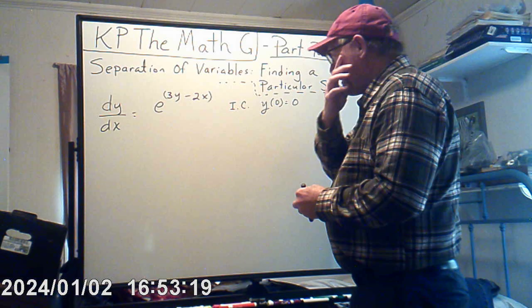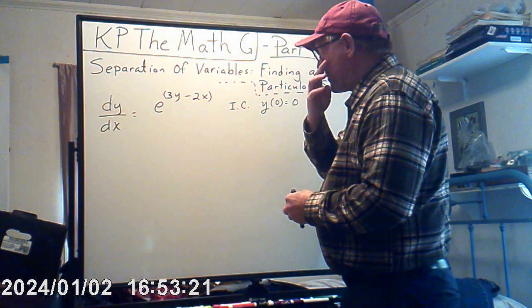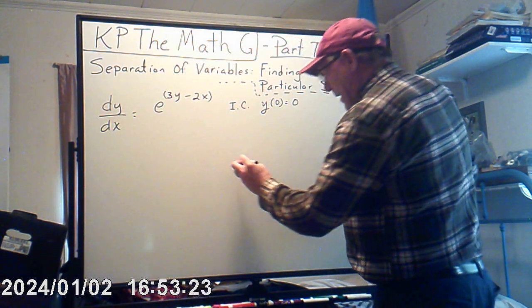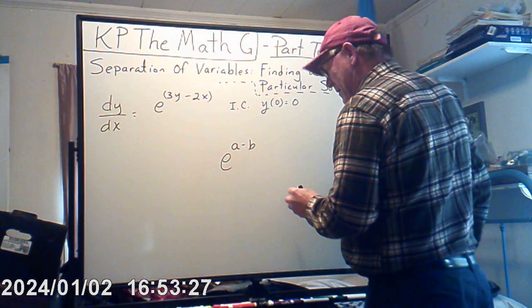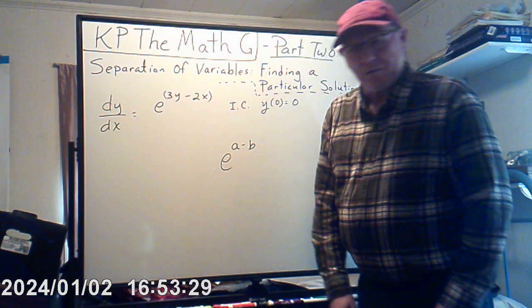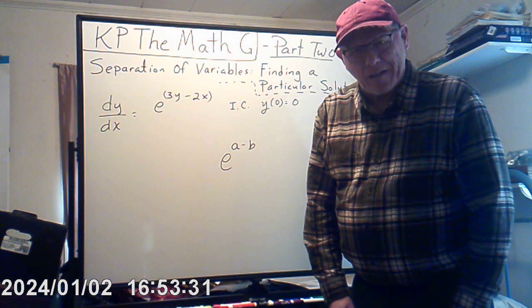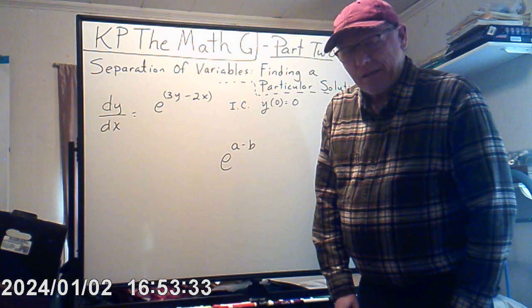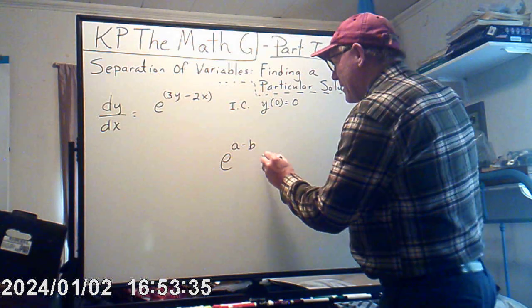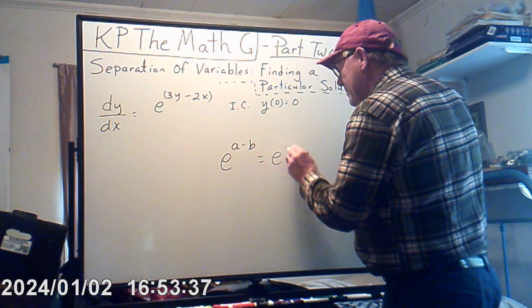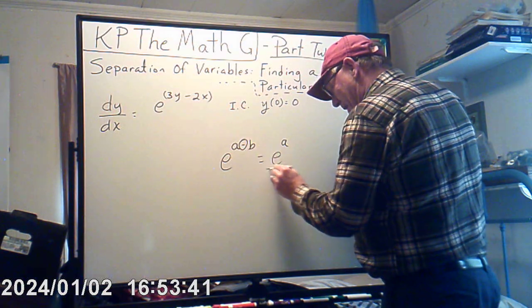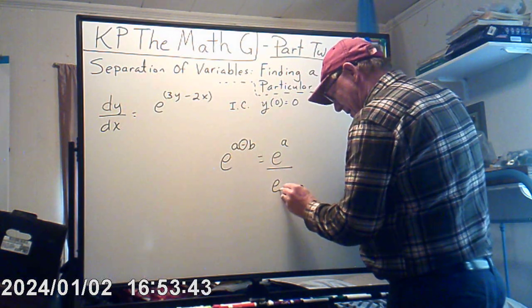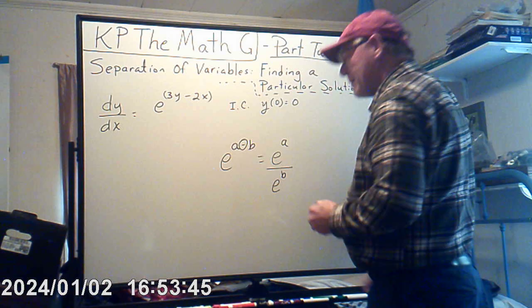First of all, I want to rewrite this problem, okay? This is like e to the a minus b. You know the rule for that? How can we rewrite this? Yeah, that's right. E to the a minus b means e to the a divided by e to the b.